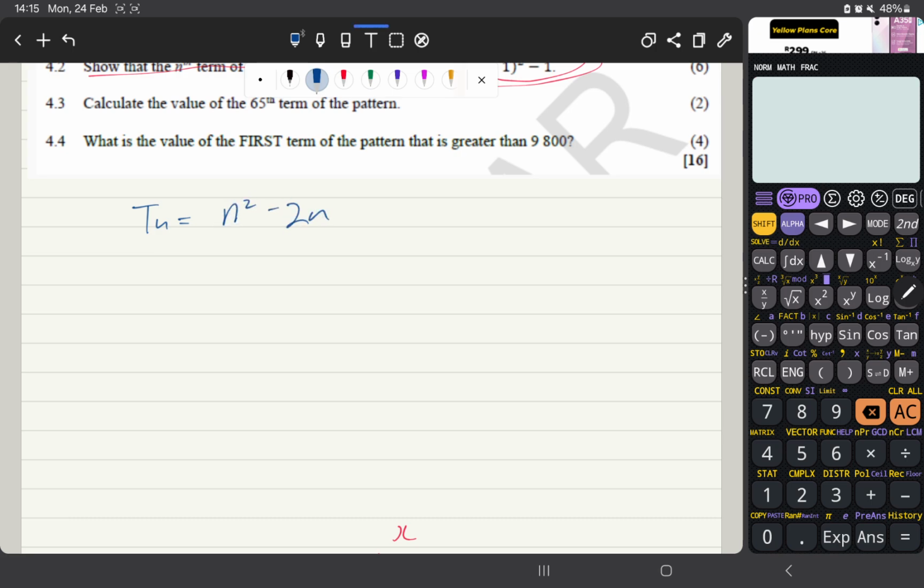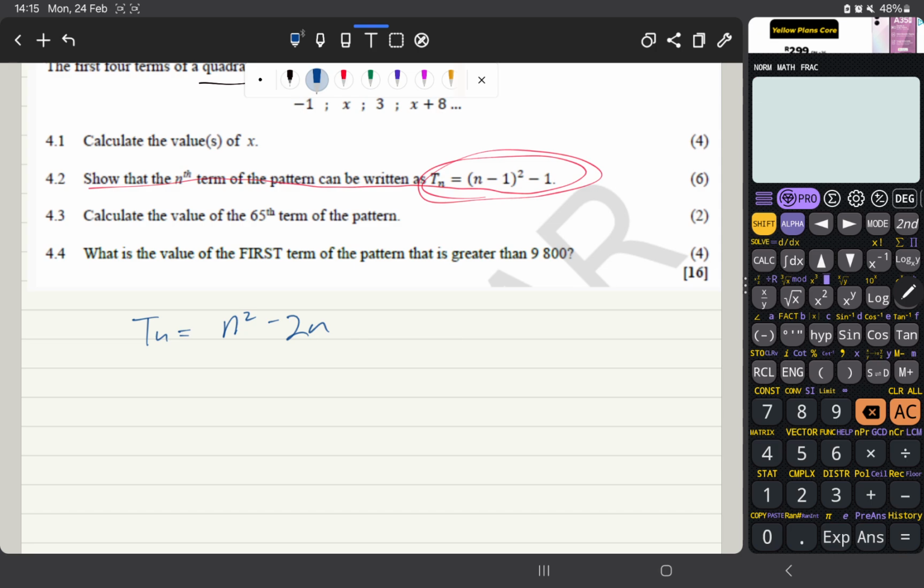So now we're going to complete squares. If you don't recognize, they are just asking us to complete squares here. And that's how we're gonna write this Tn into this thing that they have here, right? Remember, completing squares, first thing is to make sure that the coefficient of n squared is 1, which is the case here. So then we go to the second term.